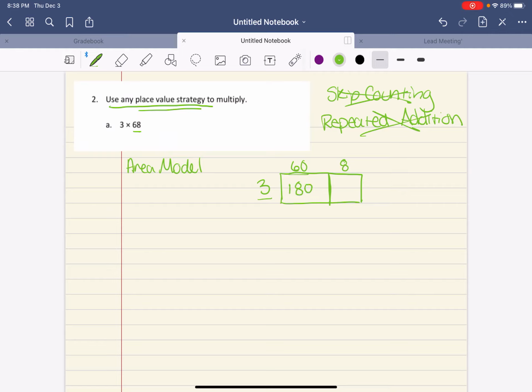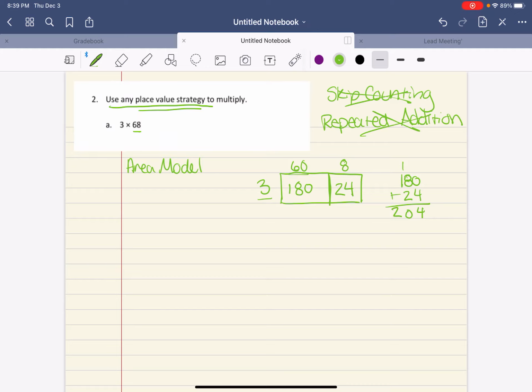Okay, and then in the other box, I'm going to do 8 times 3, and I know 8 times 3 is 24. Okay, then I'm going to take these two and add them up to get my answer, which is 204.